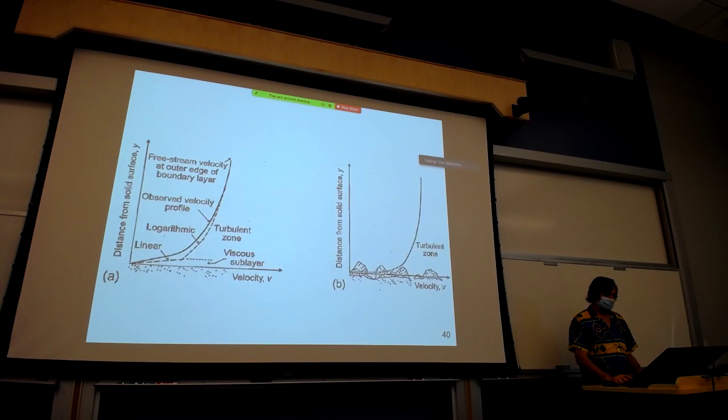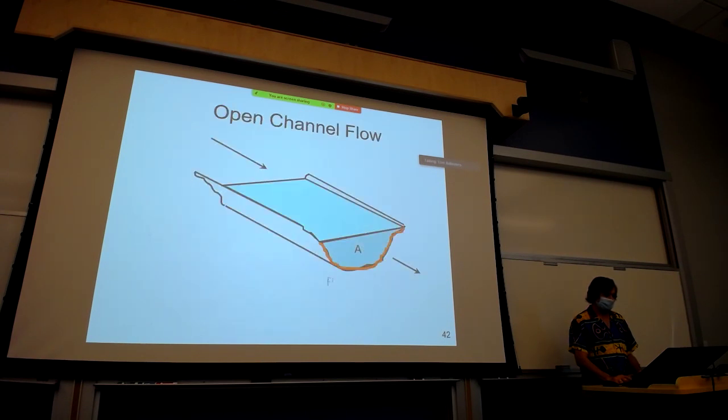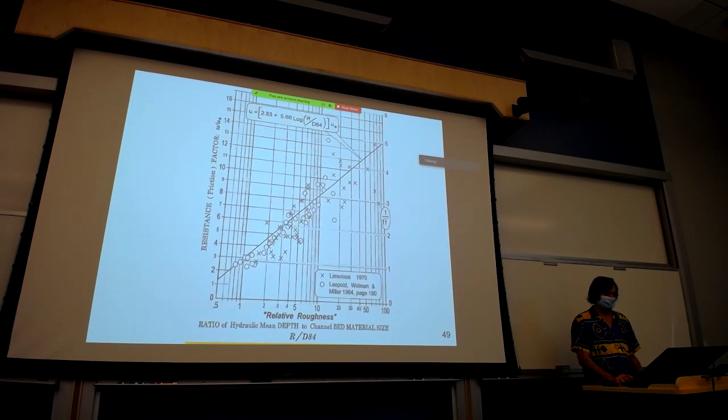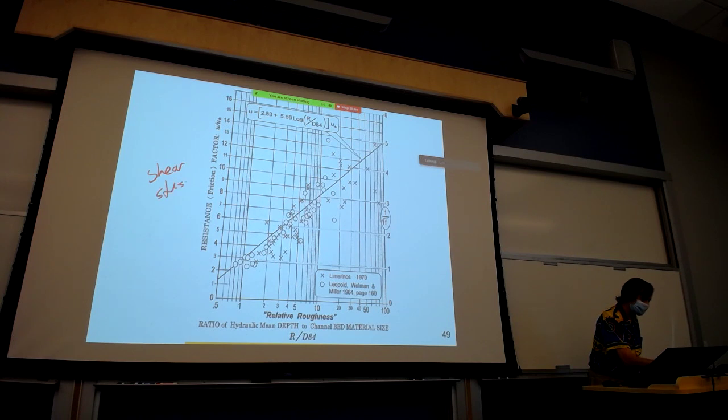And that's where you do get erosion on stream beds, on the outside bank of the meander bend. And of course, there are all different ways to describe resistance to flow, but ultimately we can describe the resistance on the bottom of the channel using the same precepts that we developed here. And then ultimately we can start to look at how the shear stress relates to particle size.